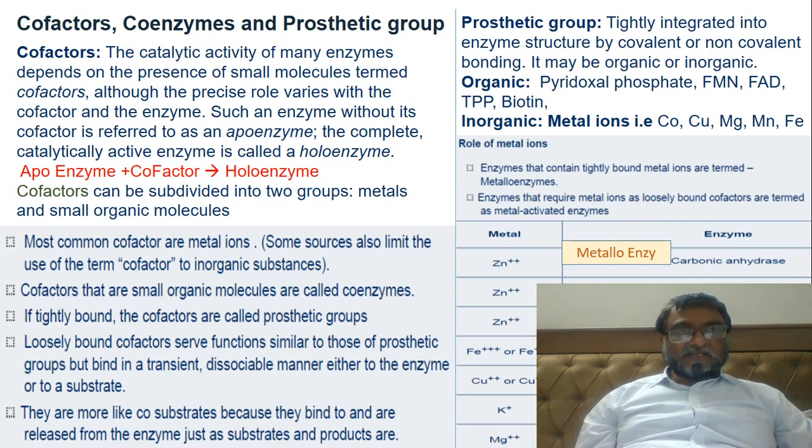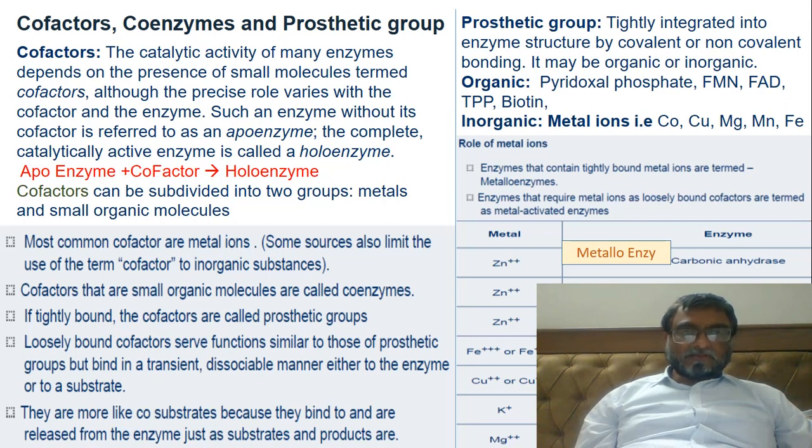Cofactors are small molecules that are attached to the enzyme for its functioning. An enzyme without its cofactor sometimes doesn't work.